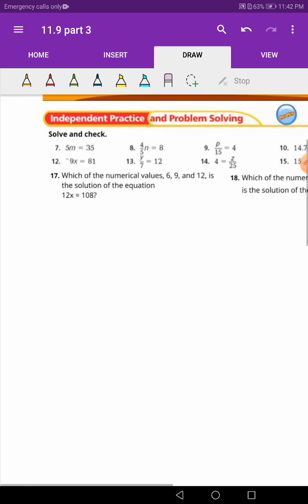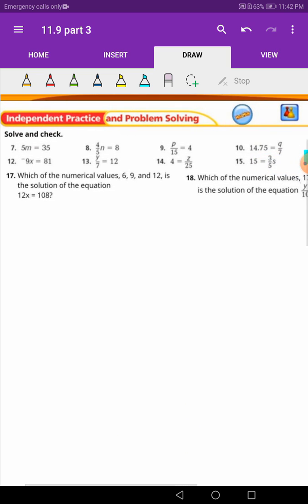Okay. Now in question 17, they ask you, which of the numerical values 6, 9, or 12 is the solution of the equation? It means if I replace x by one of these values and I multiply by 12, it's going to be 108. So all I have to do is to check them. 12x equals 108.